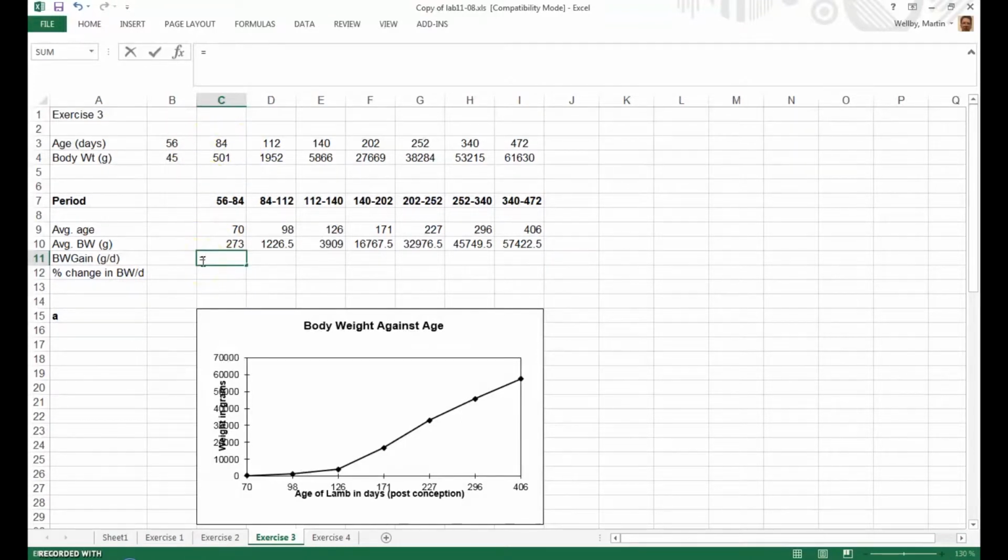So we put in here equals, open brackets, 500 grams minus 45 grams, close that, and divide that by day 84 minus day 56. That gives us the time taken. Hit enter.